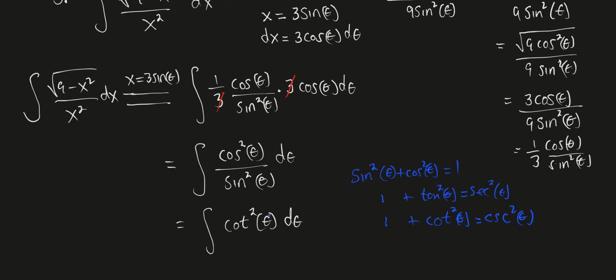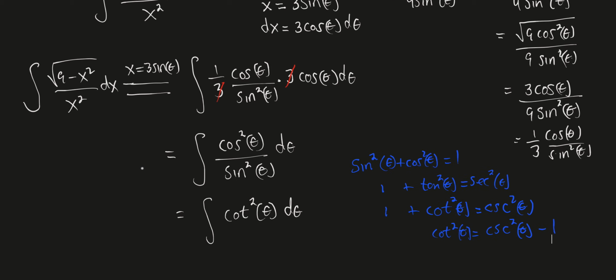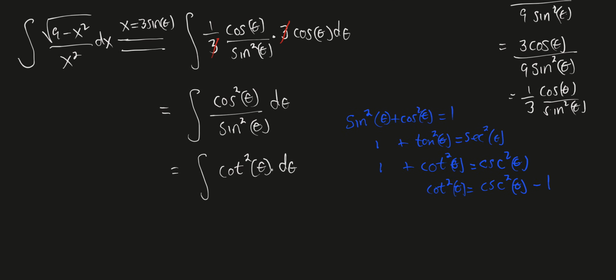Therefore, what I can do is replace cotangent squared with cosecant squared minus 1. Now, why would I do that? Because this is one of our basic results from Calc 1. We know a function that when we differentiate it will give us cosecant squared. So let's write that down, and then we will be able to actually do our integration.